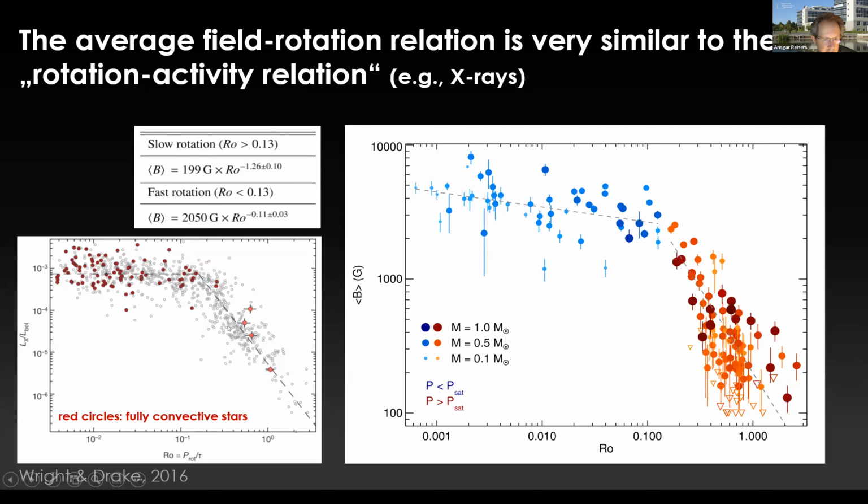Okay, so there's no difference between partially and fully convective stars in the rotation activity relation on the left hand side, and there's also not an obvious difference between partially and fully convective stars here. So the very small symbols are the fully convective stars, and there are many of them here in this cloud.